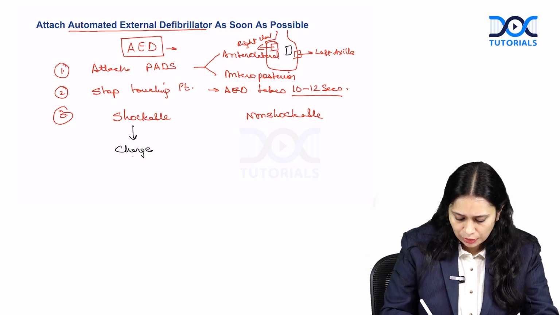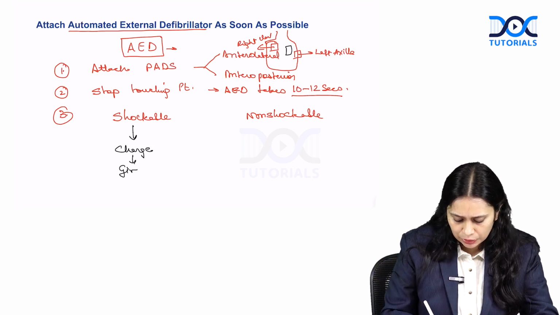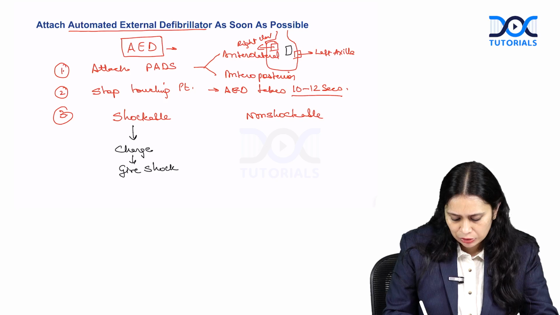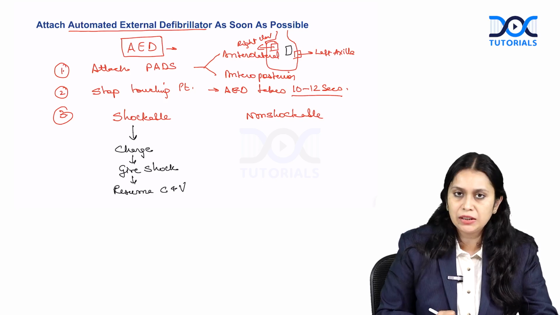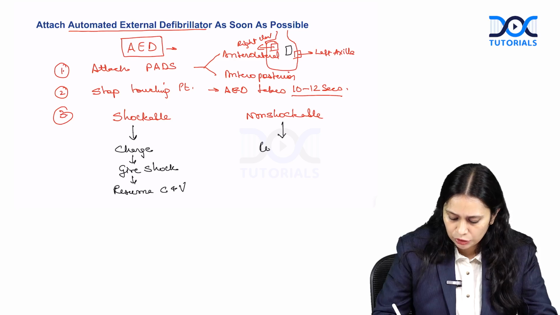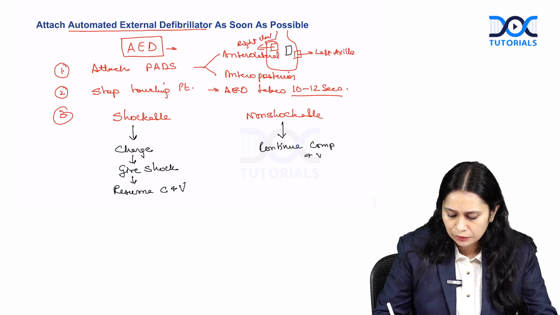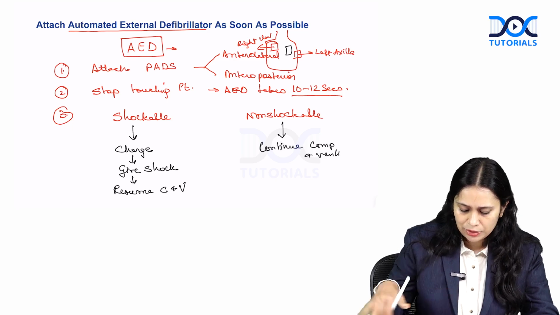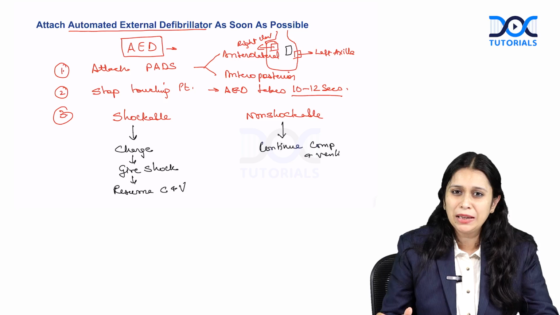We charge and give the shock as soon as possible. And then we resume compression and ventilation. If it is non-shockable, we just continue with compression and ventilation, right? So this is how we approach. This is the BLS approach.